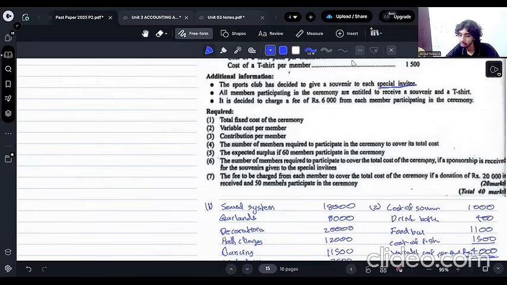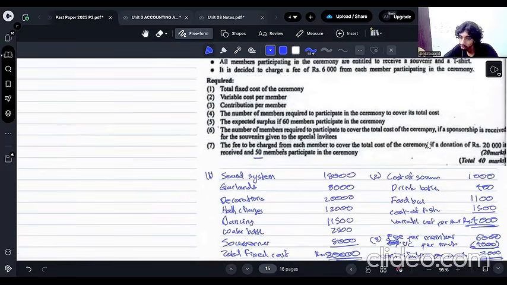Now here we need to find out, if we are getting a donation of 20,000 and if 50 members are participating, for us to cover our total cost, where we are not going to earn any profit or loss, how much should we charge from each member? Firstly we'll find our total cost. Now you can forget the sixth one, because these are if scenarios.